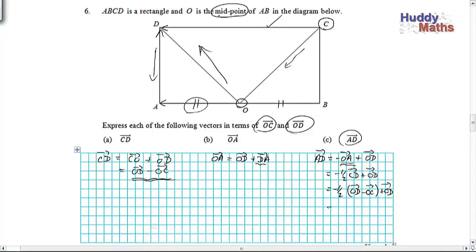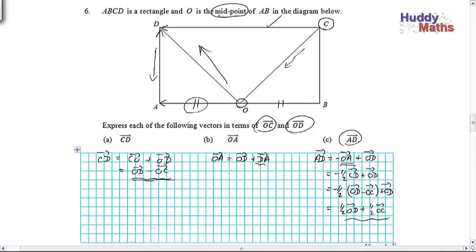Okay, working back and using part A. Okay, so this is OD take a half OD is a half OD plus a half OC. Do you get that? Neg OA there is a half of CD. Neg a half of CD.